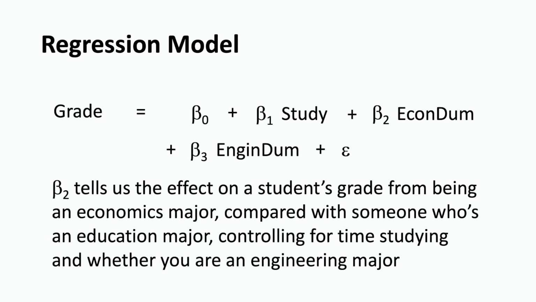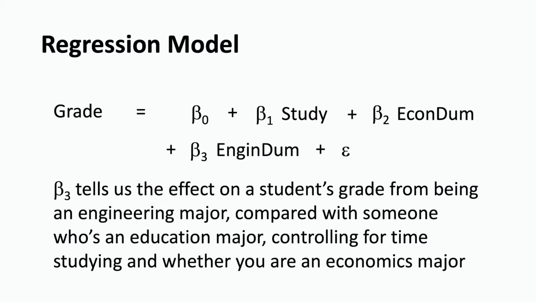Again, education major is the excluded category, also controlling for the time spent studying and whether or not you're an engineering major. The parameter beta subscript 3 tells us the effect on a student's grade from being an engineering major compared with somebody who's an education major, because we're not including the education major dummy variable in the model, controlling for the time spent studying and whether or not you're an economics major. Because again, the economics dummy variable is in the model, so you're controlling for that as well.